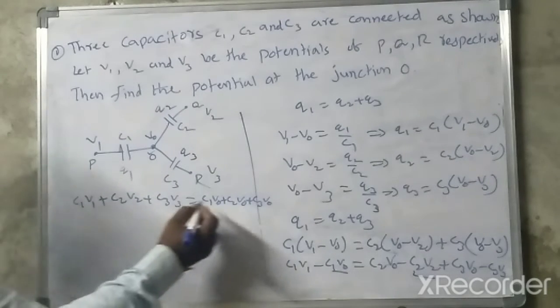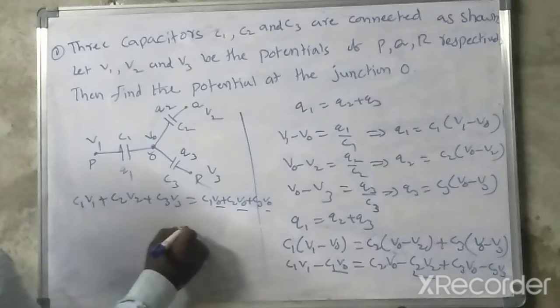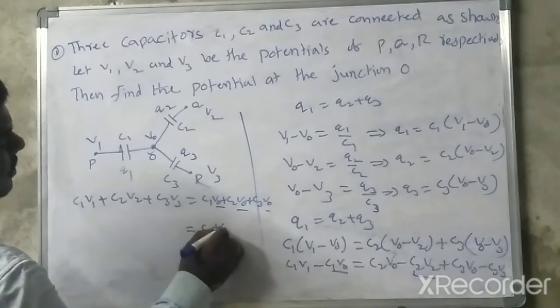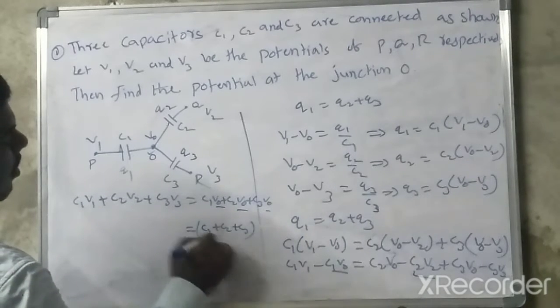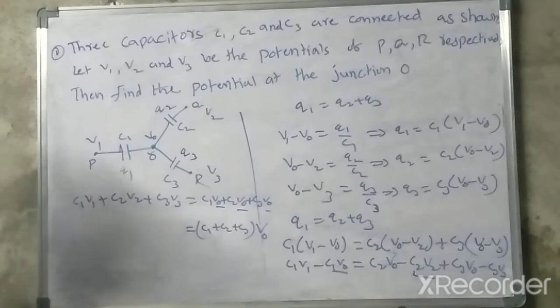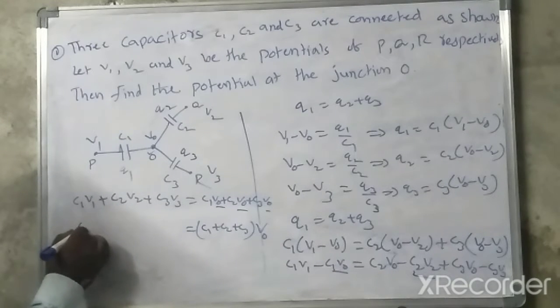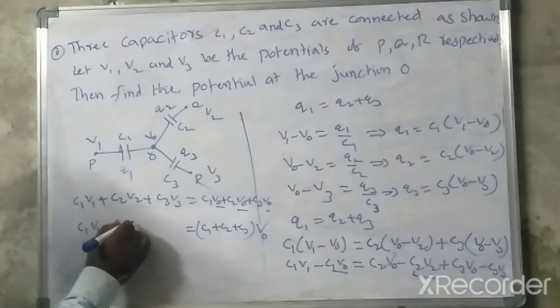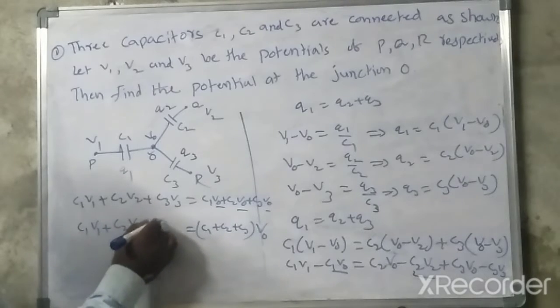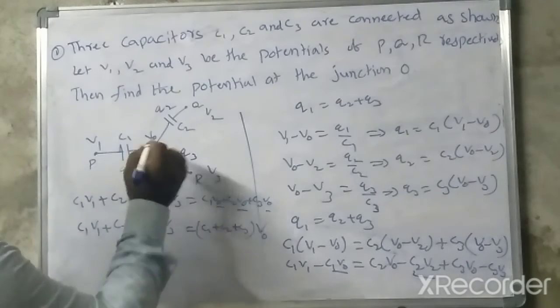Take out the common V0: (C1 plus C2 plus C3) of V0 is equal to C1 V1 plus C2 V2 plus C3 V3. They are asking for the V0 value.